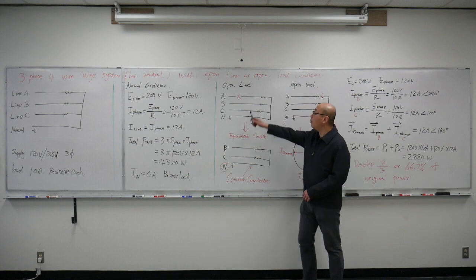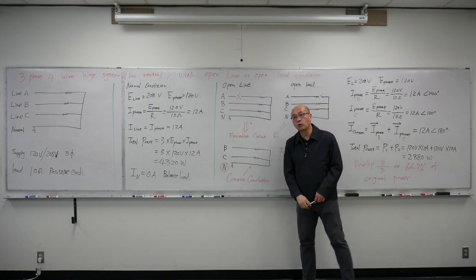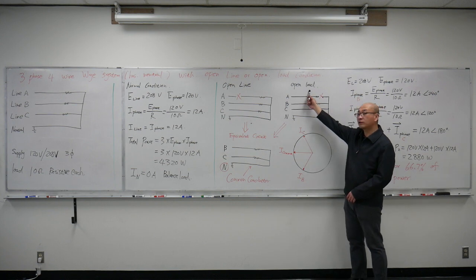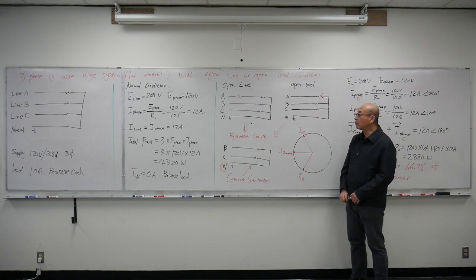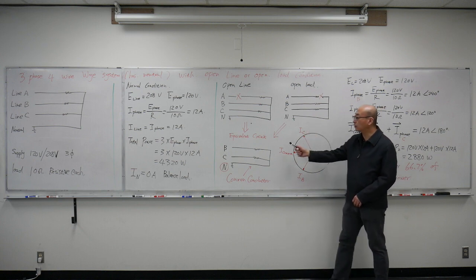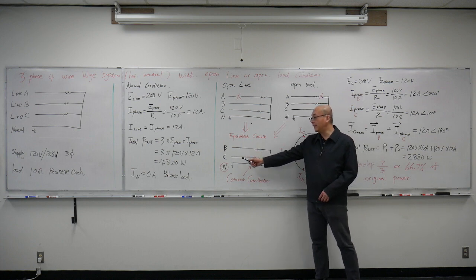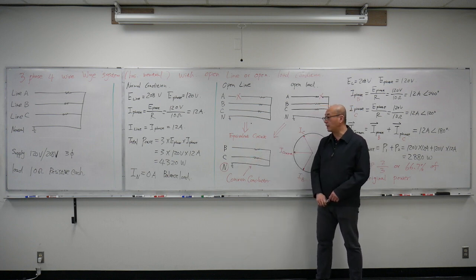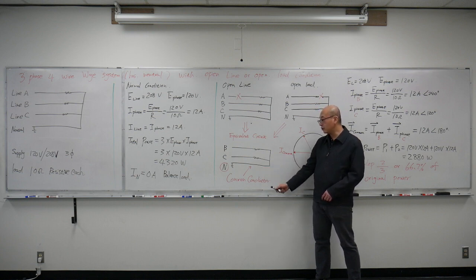Now we're going to have an open line situation, which is a line open down here, or an open load situation, where one of the loads is open. When those kinds of situations happen, we can draw the equivalent circuit. We still have the two lines between B and C, but because the original neutral conductor is in there, in this case the neutral becomes the common conductor.